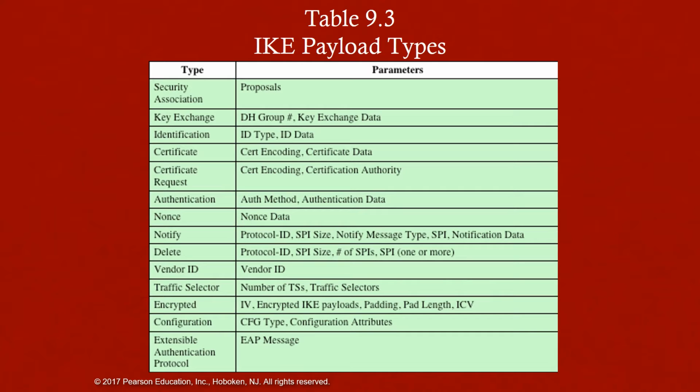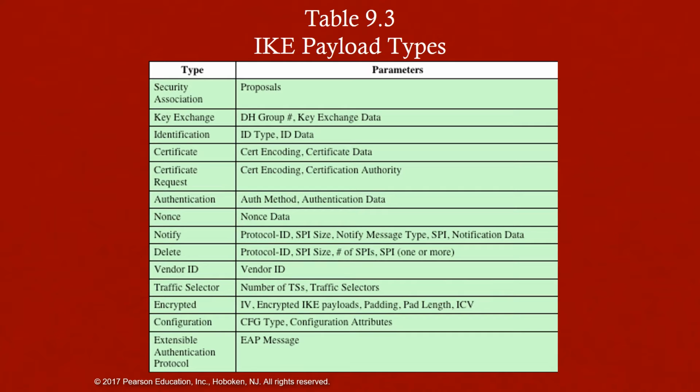Transform. Different protocols support different transform types. The transforms are used primarily to define cryptographic algorithms to be used with a particular protocol. Attribute. Each transform may include attributes that modify or complete the specification of the transform. An example is key length.